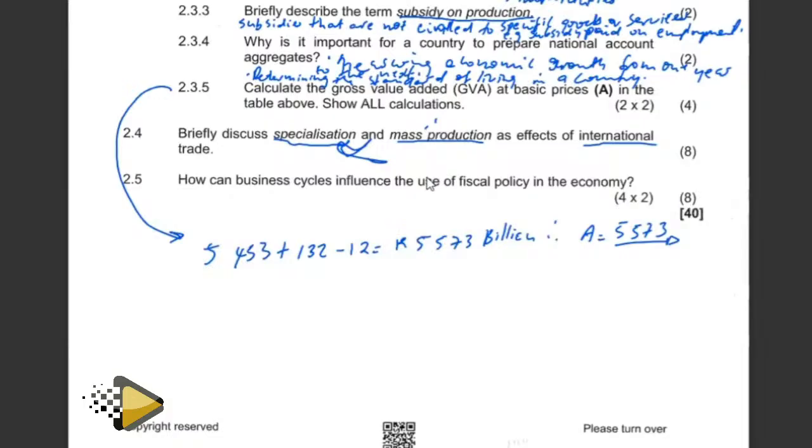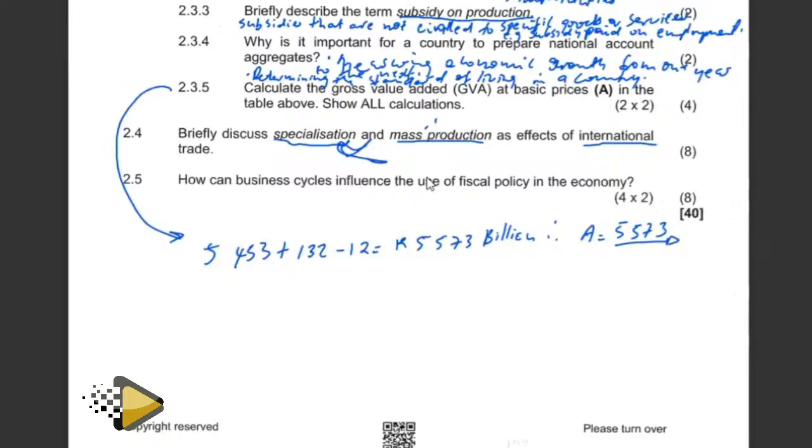So a country that can produce a certain resource with less expenditure or less expenses should focus largely on producing that particular kind of good and product. Why are we saying that?